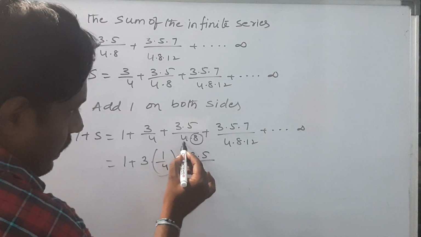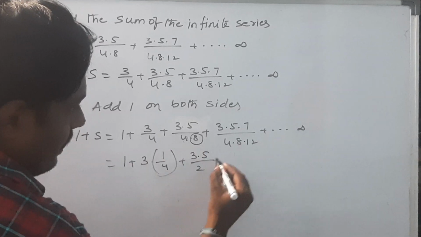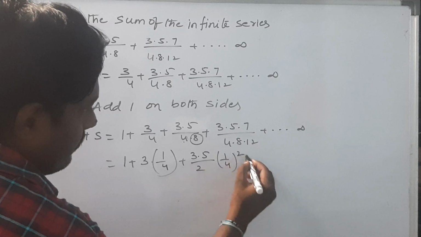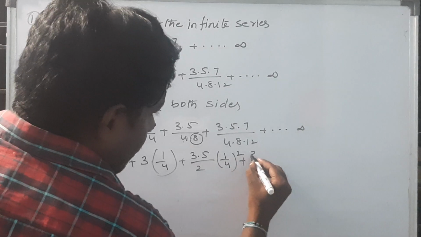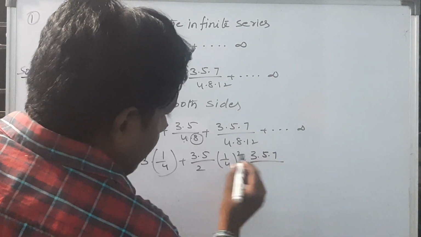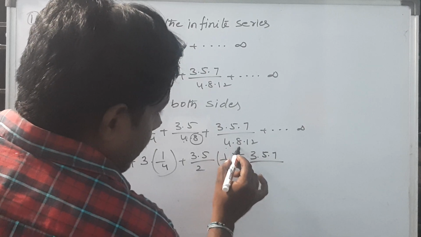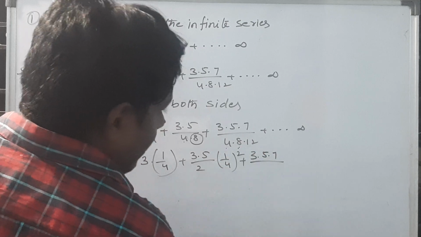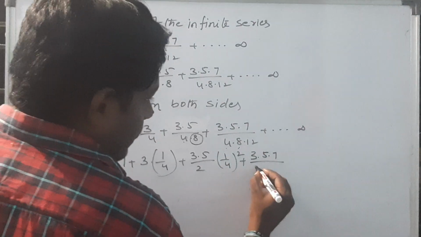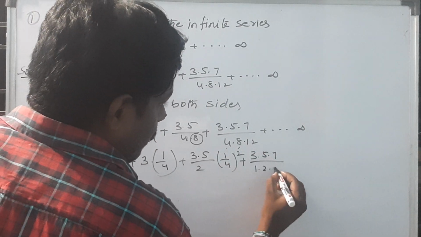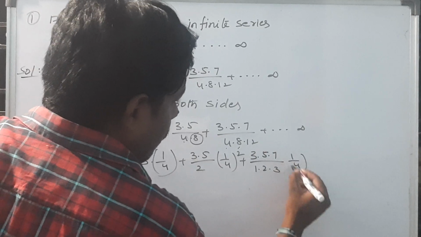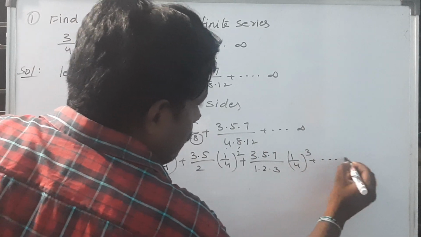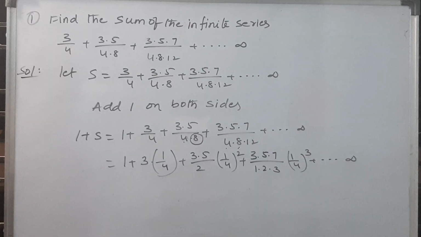That can be written as 1 by 4 whole square, plus 3 into 5 into 7 by 1 into 2 into 3, where 8 is 4 into 2 and 12 is 4 into 3, into 1 by 4 whole cube, plus and so on to infinity. Is it clear now?